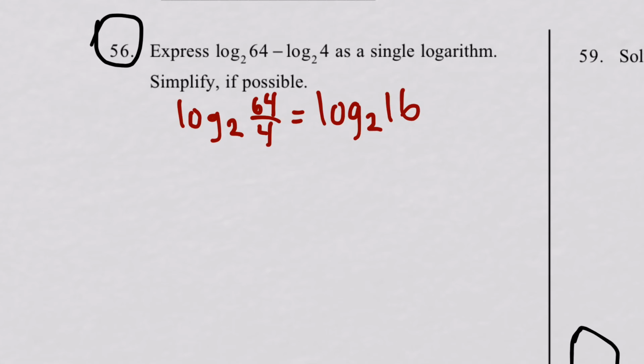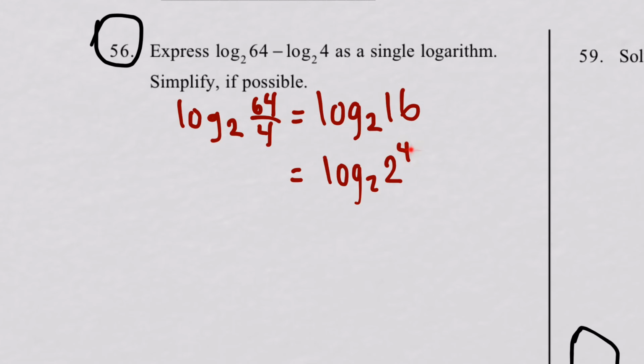It says simplify if possible. It is possible. We're going to simplify this. How, you ask? I notice that the base is 2. I also notice that 16 is a power of 2. So I'm going to use that. Log base 2 of 2 to the, what is 16? 4th. And look how neatly that worked out.